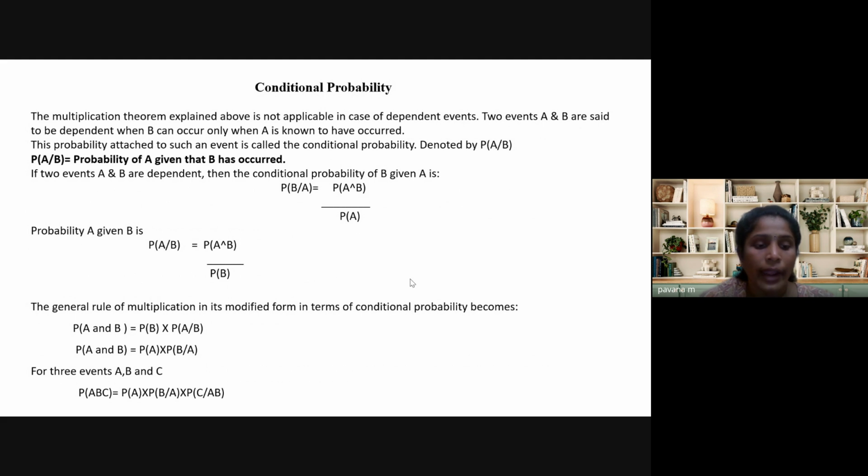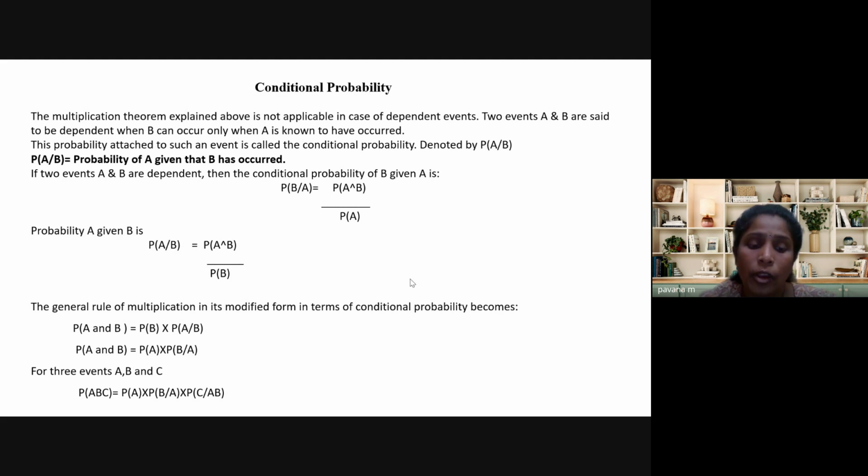And suppose you have three events A, B, C. Then P of A, B, C is equal to P of A into P of B by A, because A has already occurred. That's why P of A. Now A has occurred; what is the probability of B when A occurred, and that A occurred has an effect on that particular probability value.